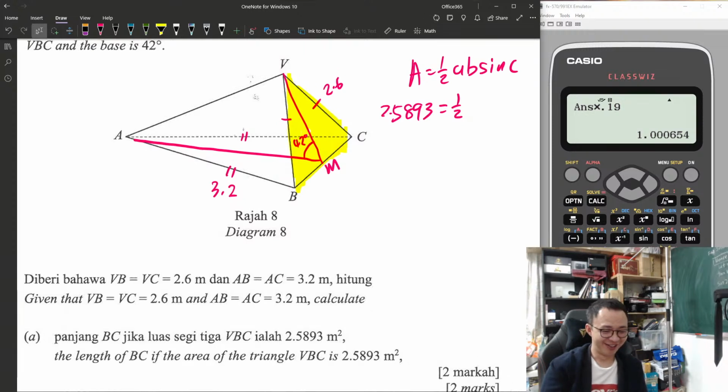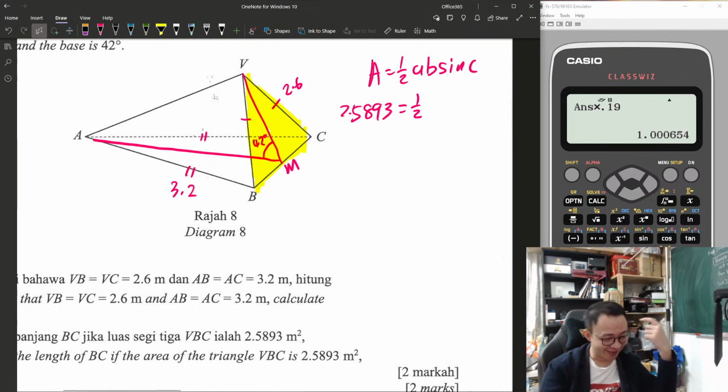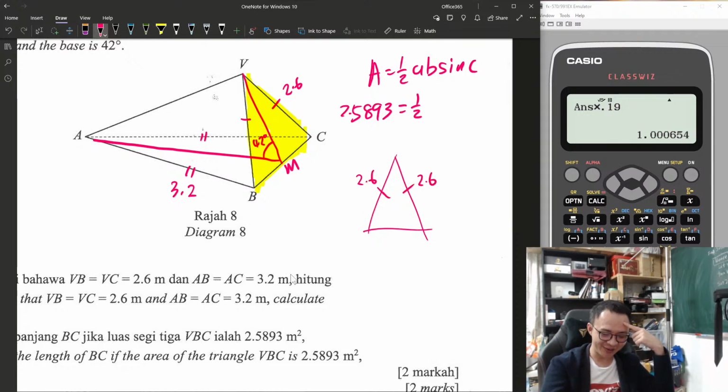I stopped for a while because I couldn't see any angle. So how am I going to solve this weird triangle? I know this is 2.6, this is 2.6. They asked us to... oh, okay.